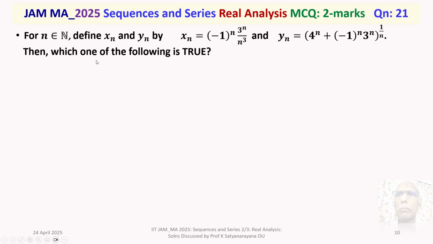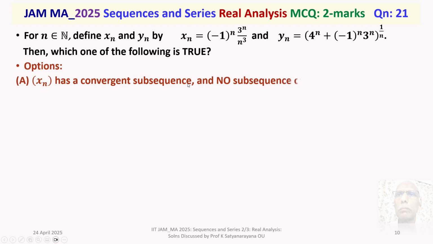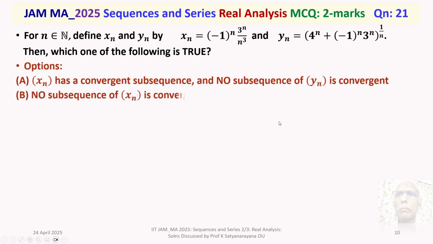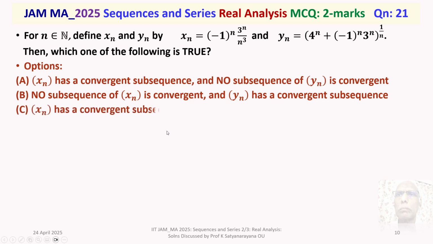Then which one of the following is true? We are given 4 options. Option A: x_n has a convergent subsequence and no subsequence of y_n is convergent. And these combinations are only repeated in options B, C and D.